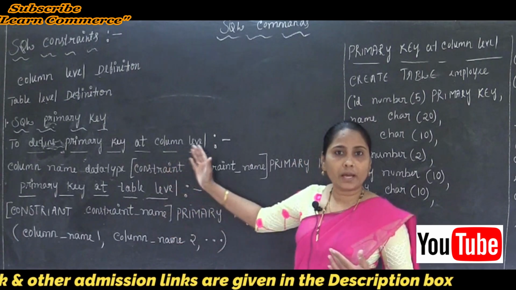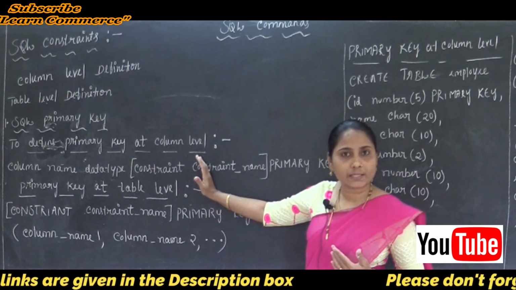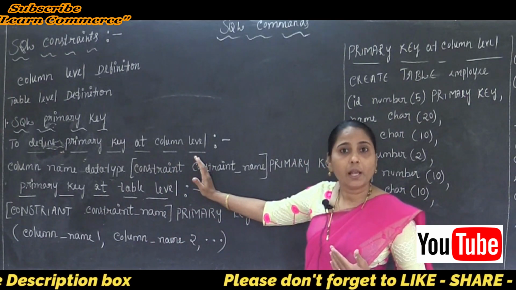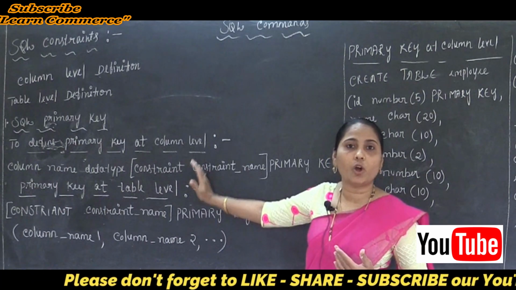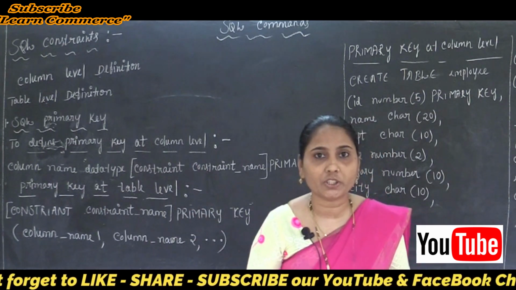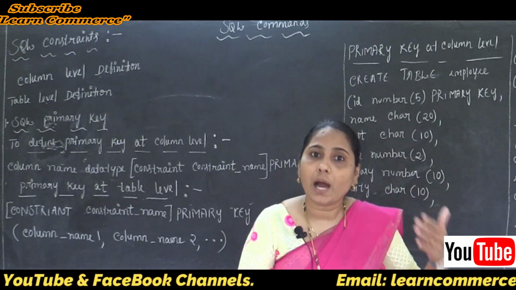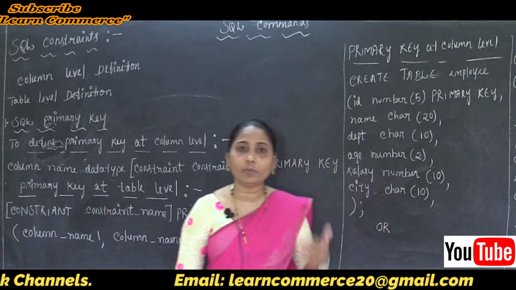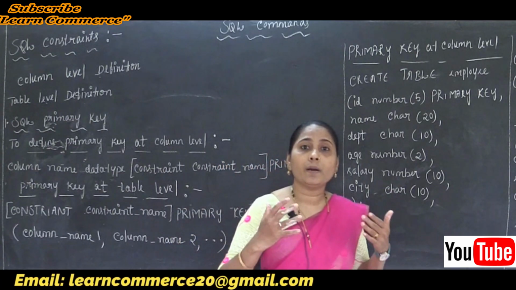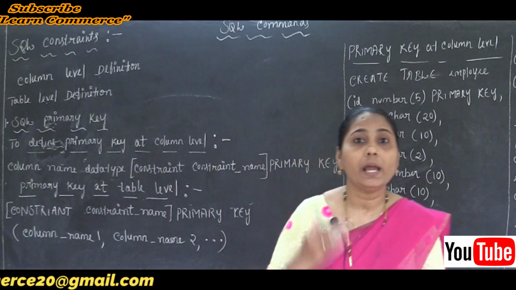Why? Because in SQL commands, by using the table, we are going to perform some operations, maybe create, delete, update, modification, alter, or drop operations, whatever is there, and we apply everything by using the table.